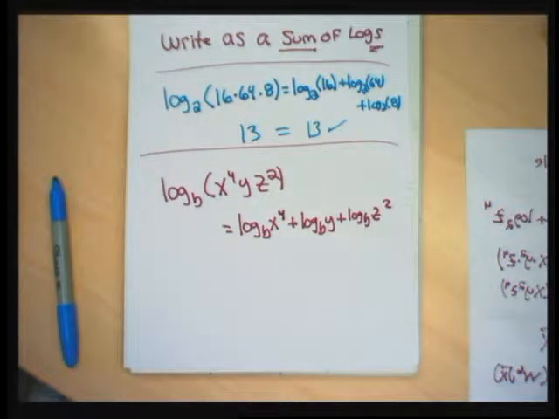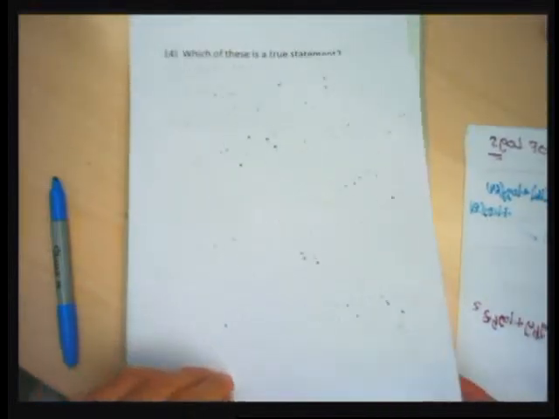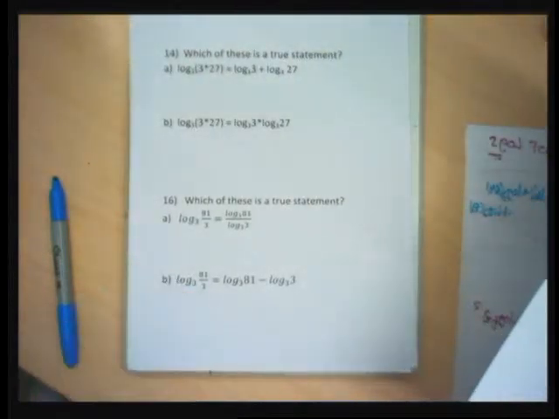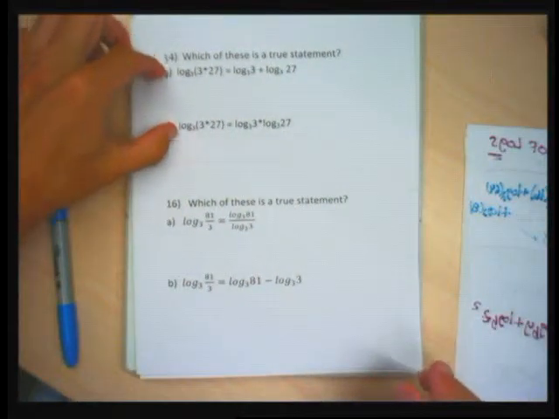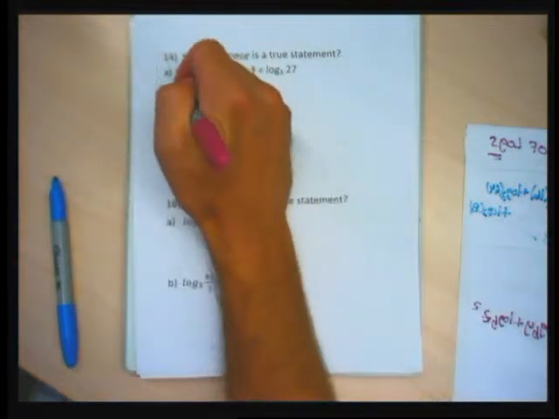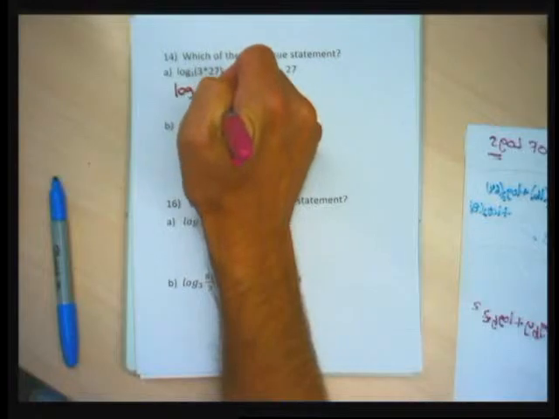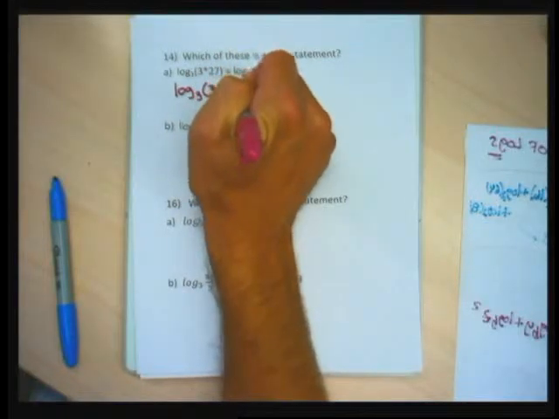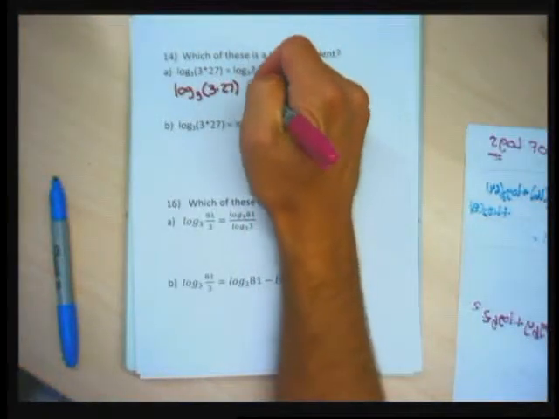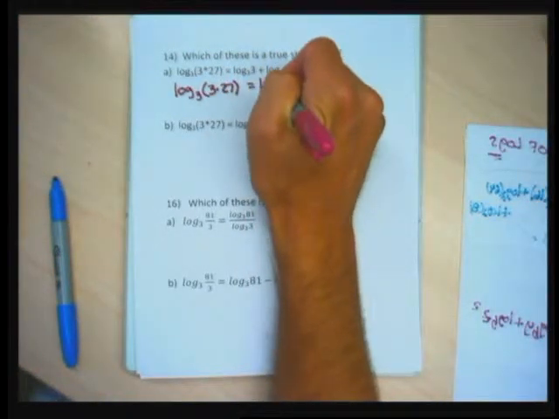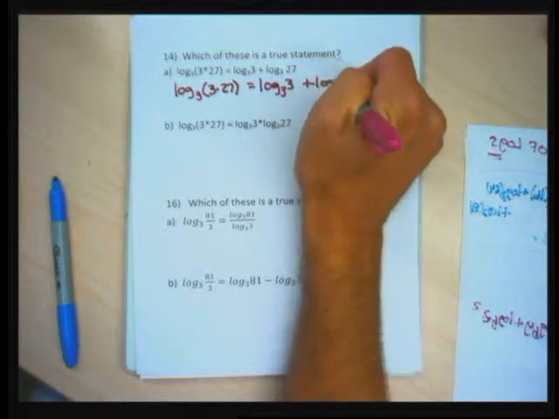So that's the first of 3 rules that we need to be aware of. And in the packet, problem 14 just emphasizes how to use this rule properly. So I don't like the times sign that's written there. Problem 14a says, is this a true statement? Is the log base 3 of 3 times 27 equal to the log base 3 of 3 plus the log base 3 of 27?